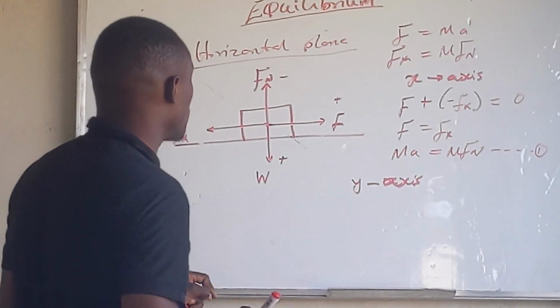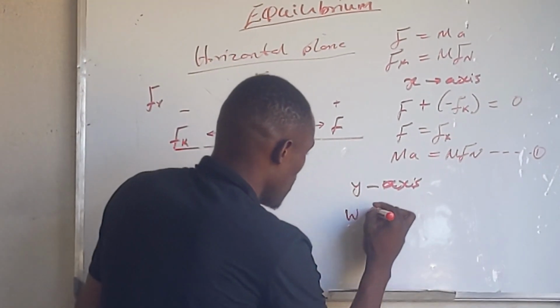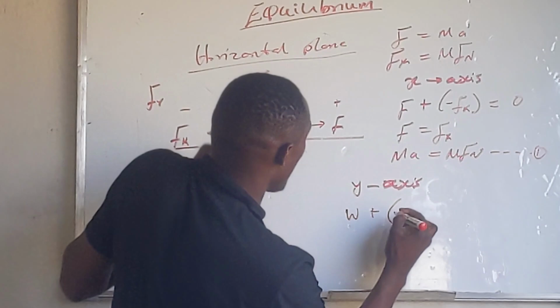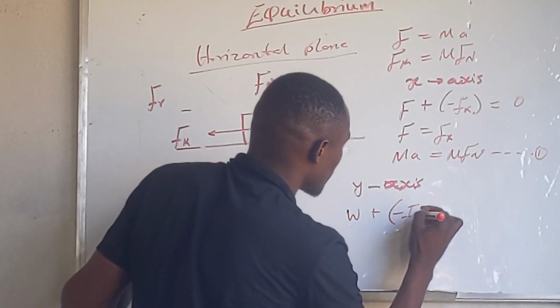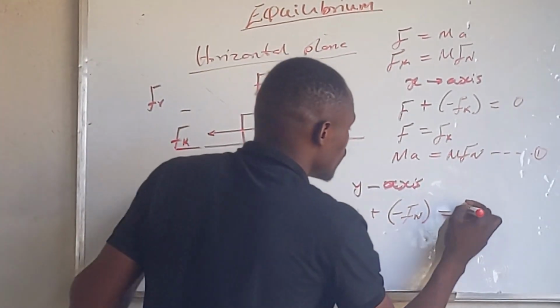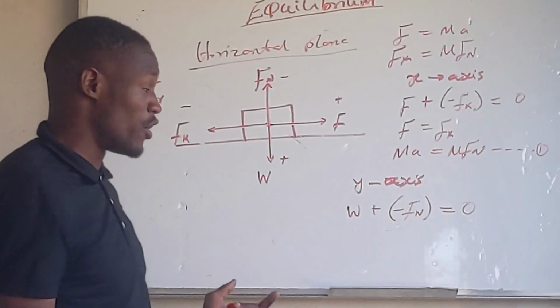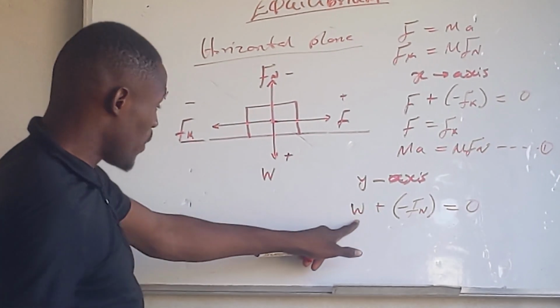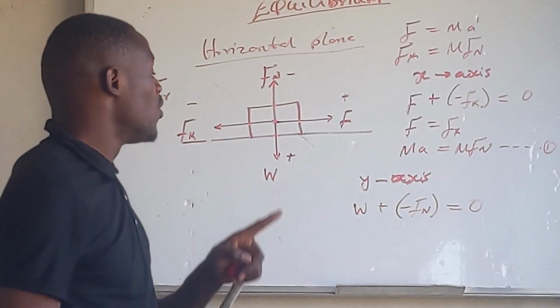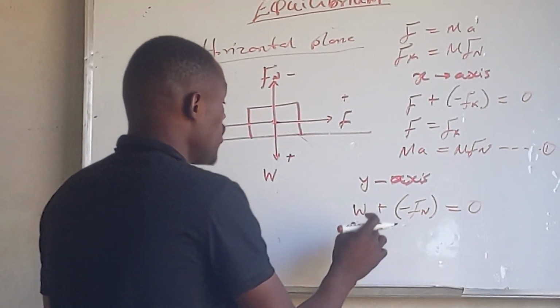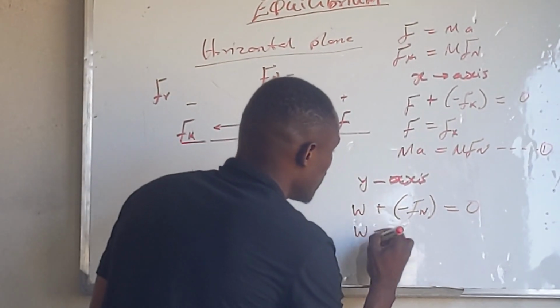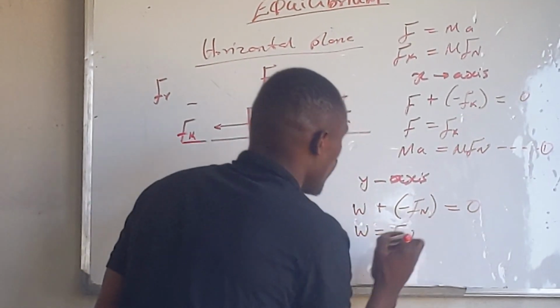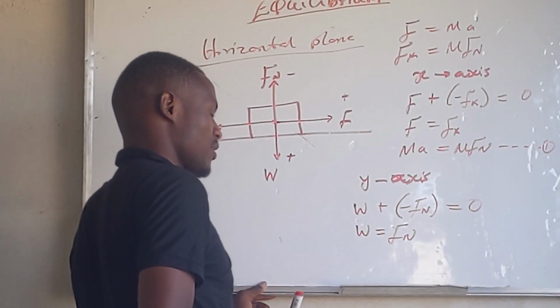Therefore, we are going to have weight plus the negative of the normal force, which is equal to 0, because they add up to 0. They cancel each other. Therefore, we can go ahead and make weight the subject of the formula, where we are going to have weight being equal to normal force. This is what we have.